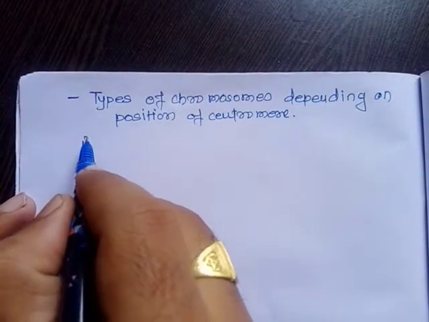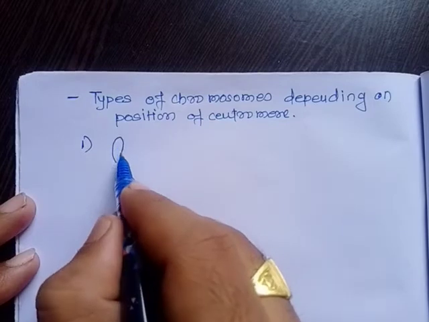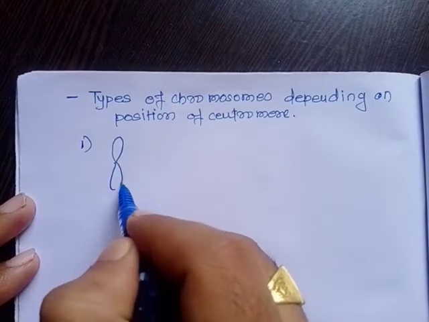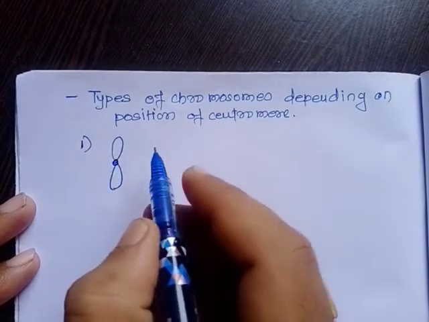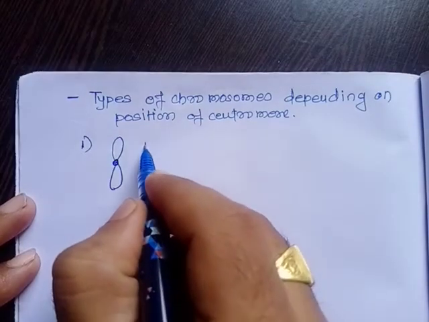The first type of chromosome depending upon the position of centromere is called a metacentric chromosome.